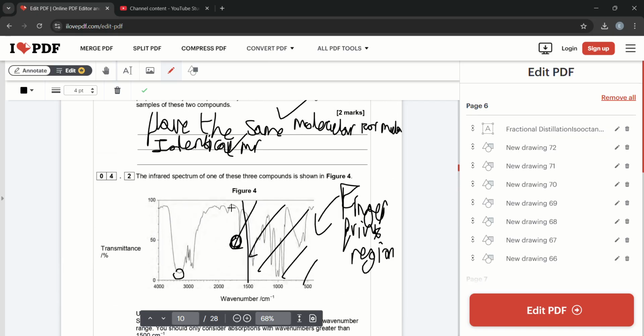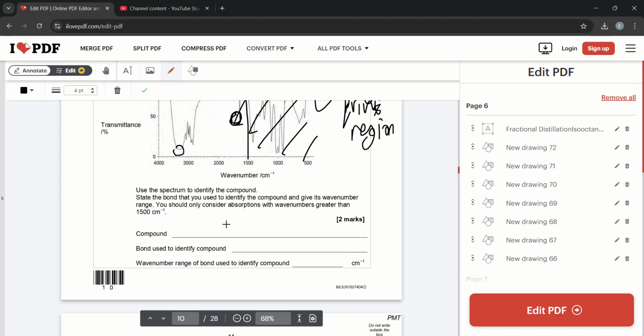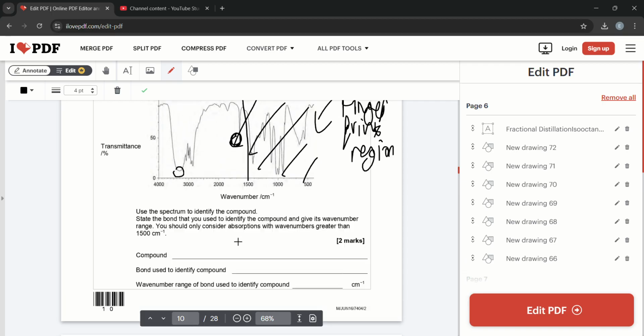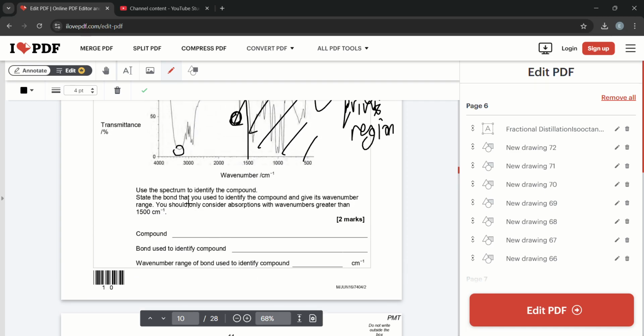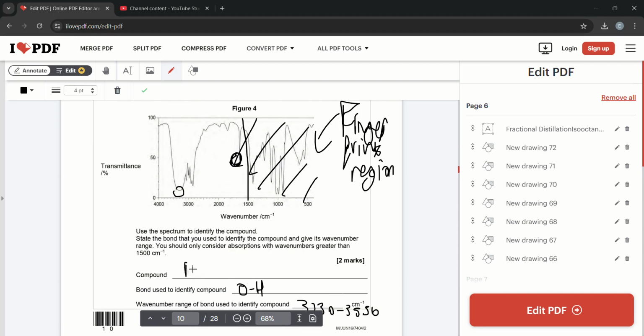So if we look at the data table, table A, we know propene-2-ol is an alcohol, and the bond from 3230 to 3550 centimeters to the power minus 1 is the O-H bond. Just copy it from the table, and therefore the compound must be propene-2-ol.